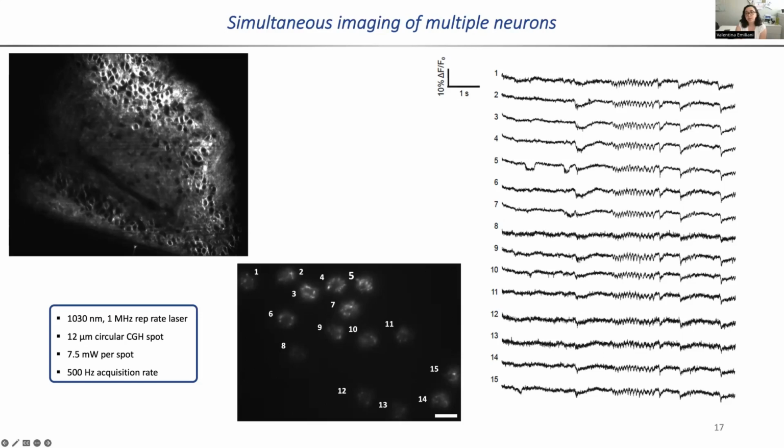Here you have the fluorescence trace of all of these 15 cells. You can see that most of them are firing synchronously, which is something that organotypic slices do. But you can also see that some events in some cells are not reproduced by others. So we can see that this is actually not crosstalk between the mixed signals.